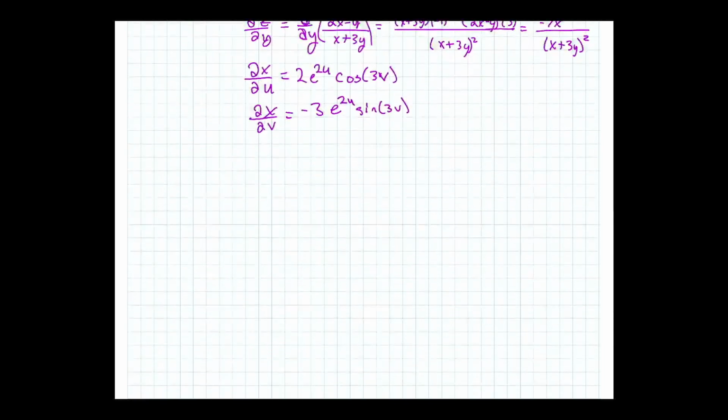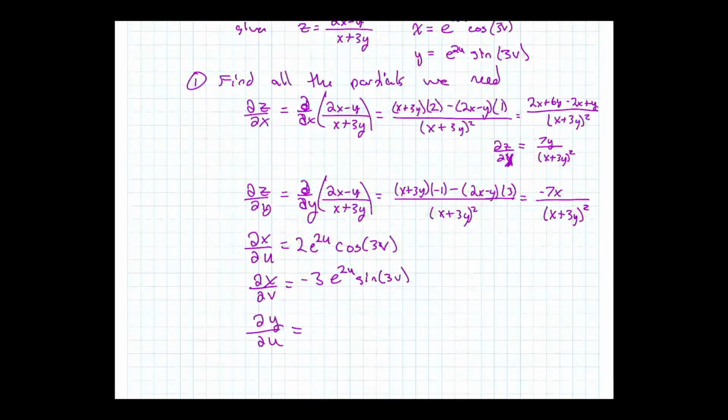Like that. Then we need partial of y with respect to u. So where's y? Here. When we take the derivative with respect to u, we're just going to carry along the sine 3v. So we only pay attention here. The derivative of e to the 2u is going to be 2e to the 2u again, sine 3v.